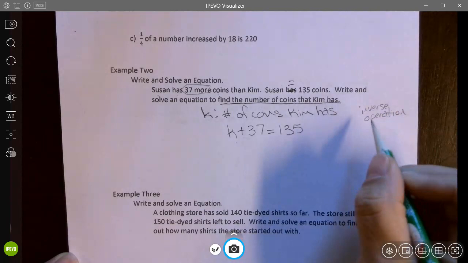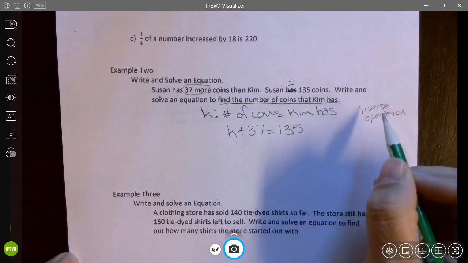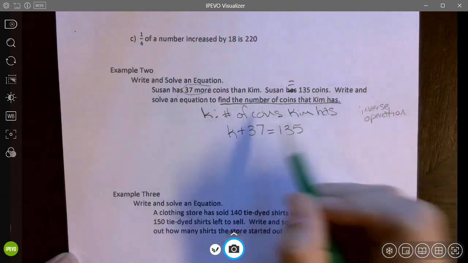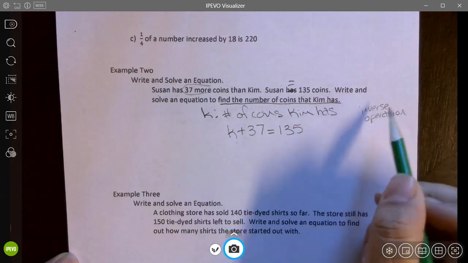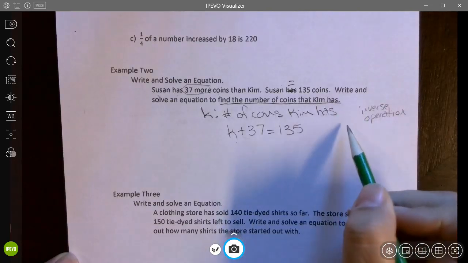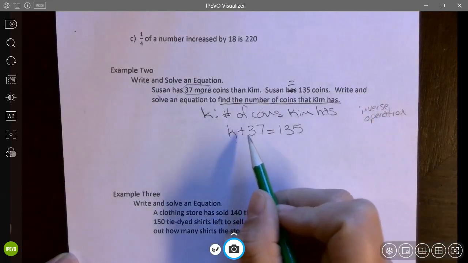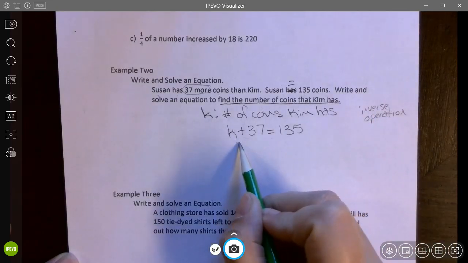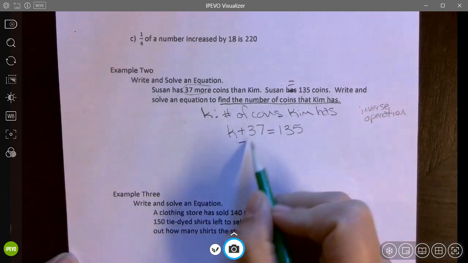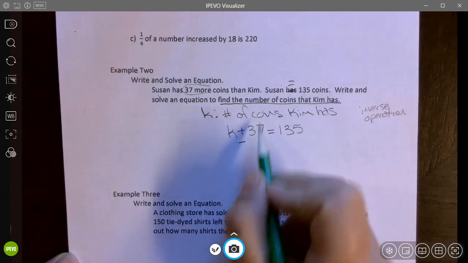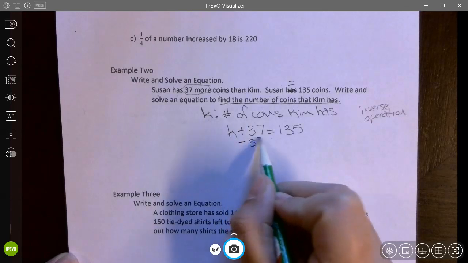And all an inverse operation is the opposite operation of what's happening. So for a multiplication, the inverse operation would be division. For division, the inverse operation would be multiplication. Well, for addition, the inverse operation of addition is subtraction. And you would subtract exactly what is being added.